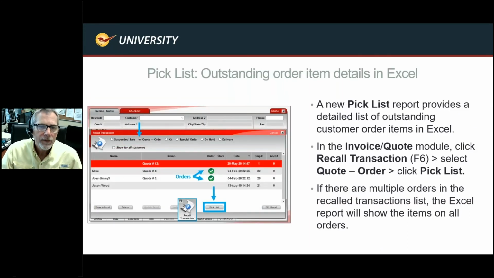Another new feature we've added based on a request from our customers is a pick list. These are for outstanding order item details in Excel. So what this does is if you go into stored quotes and you see everywhere where there's an order checkbox, the green checkbox under order, order just means you've taken a quote and you've converted it into an order. Converting it into an order does a couple of things. One, it puts a green checkbox on it.